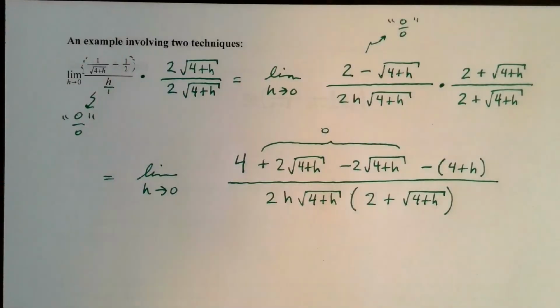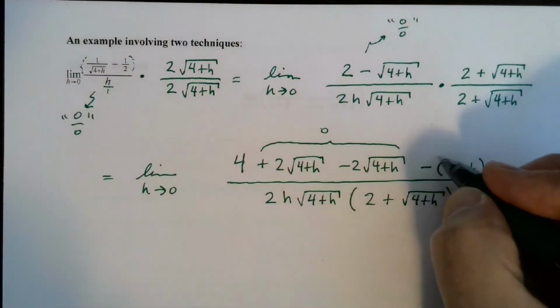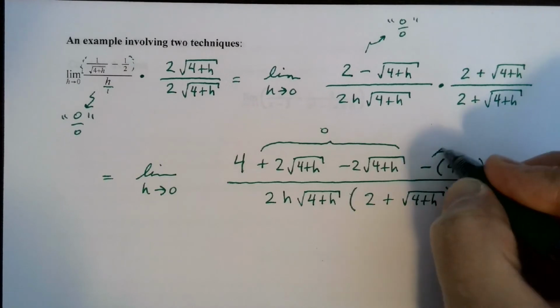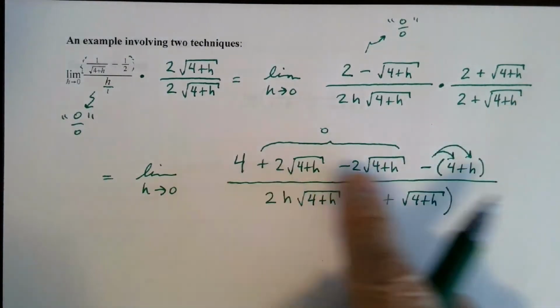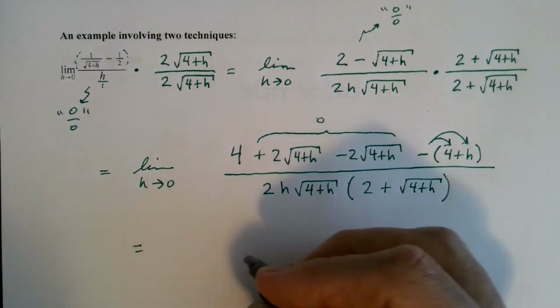Whew, okay. Now, this does simplify quite a bit, because this is 0. And what do I have? This becomes what? 4 minus h. So the 4 minus 4 is 0, and I'm just left with 0 minus h, or negative h.